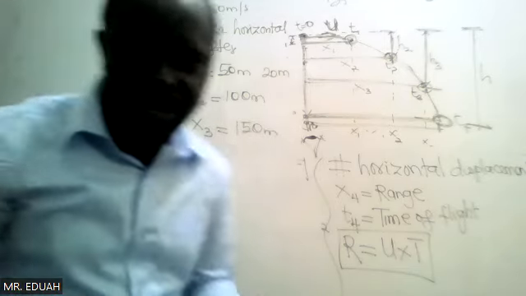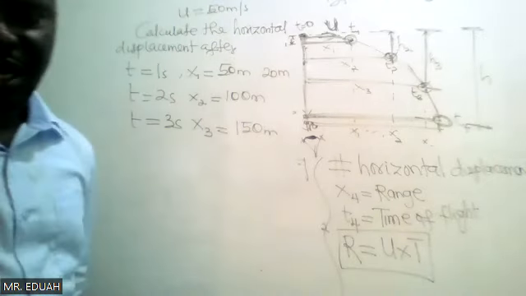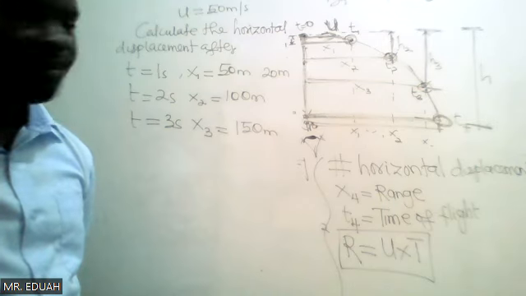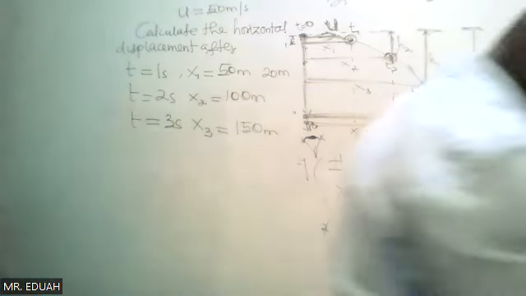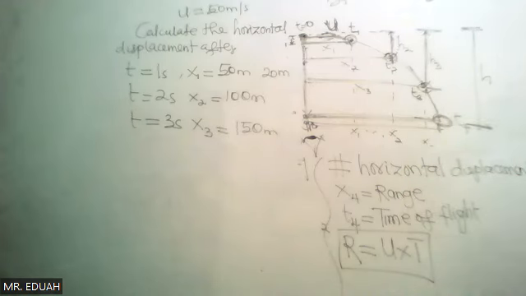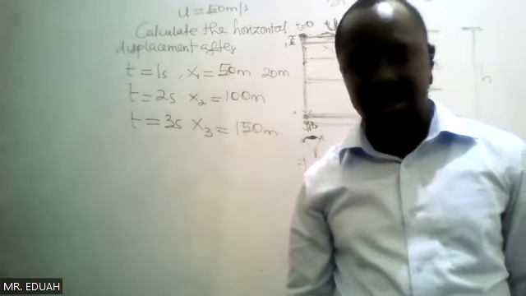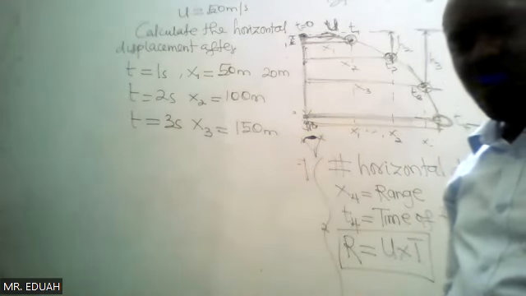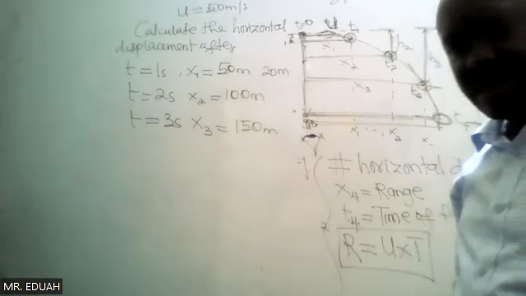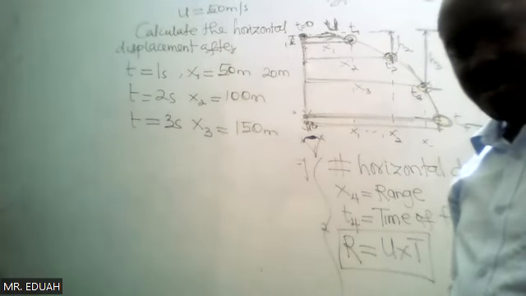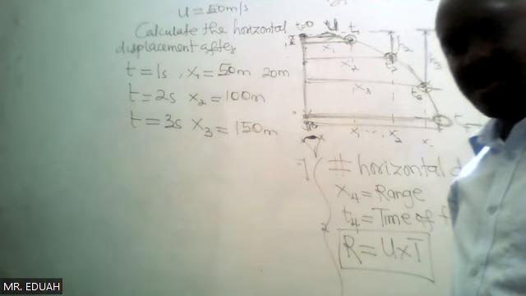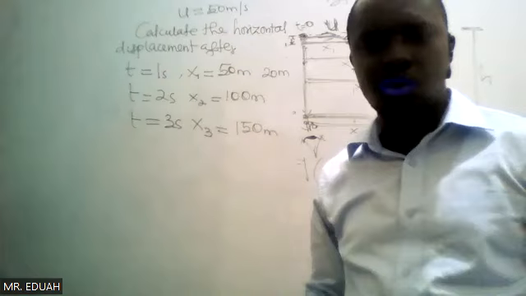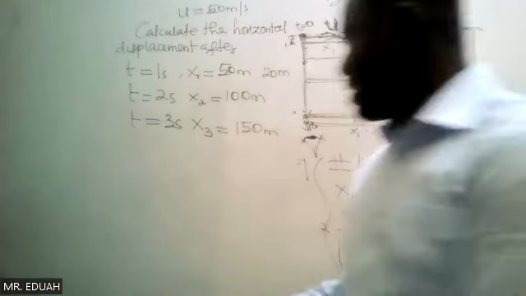Can we determine the range? Can we calculate the range? Yes or no? How do we determine it? We cannot, because we don't know the total time of flight.